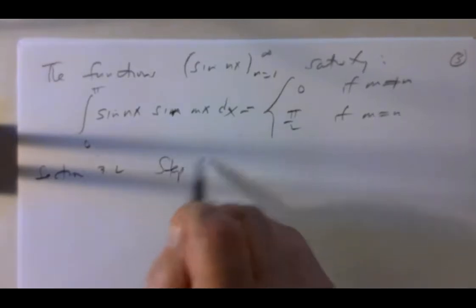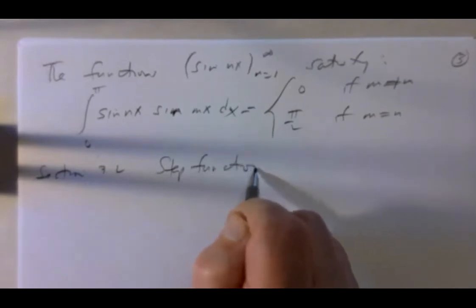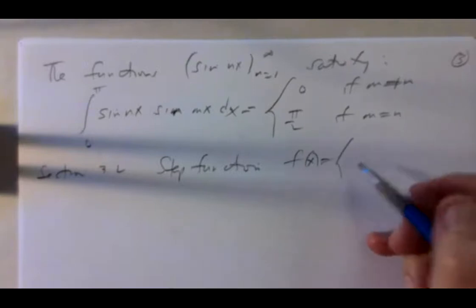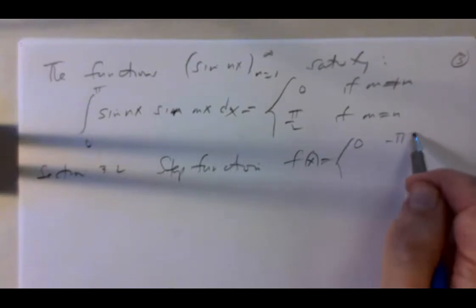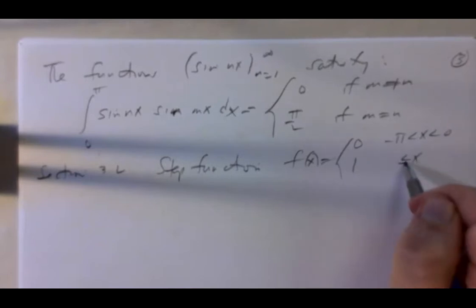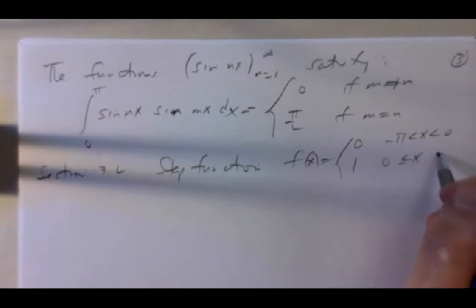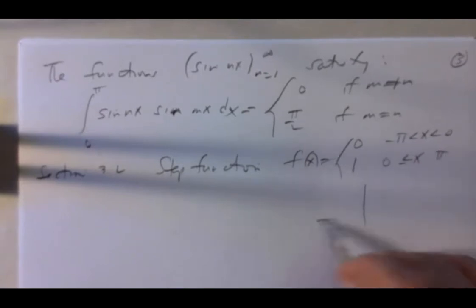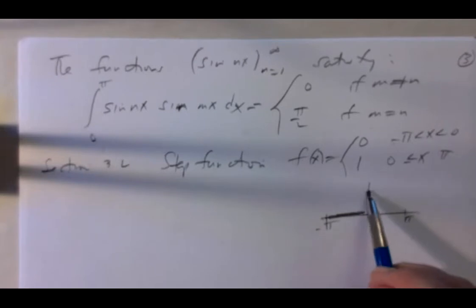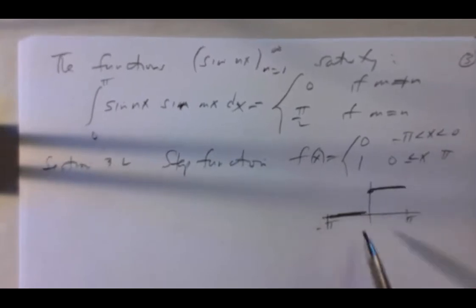Suppose you take the step function f of x, which is equal to 0 for x less than 0, well, from minus pi to 0, and 1 from 0 to pi. So the function looks like this. It's just a step function.